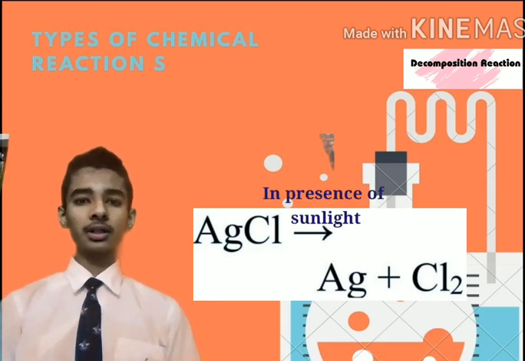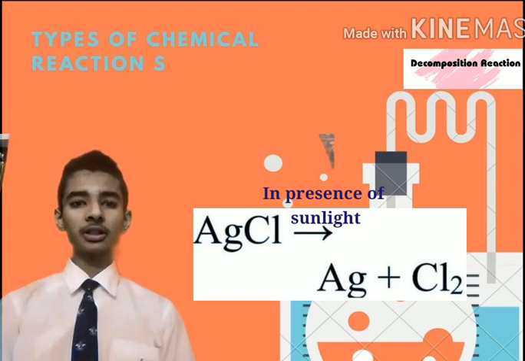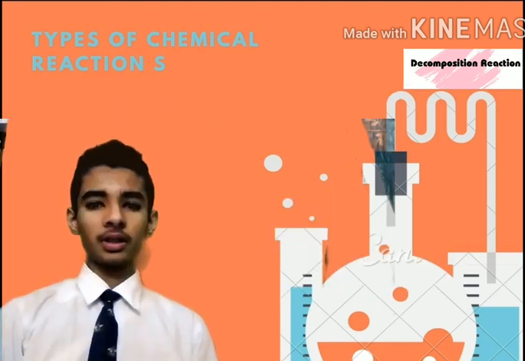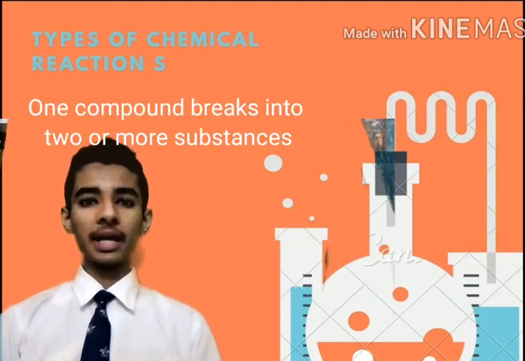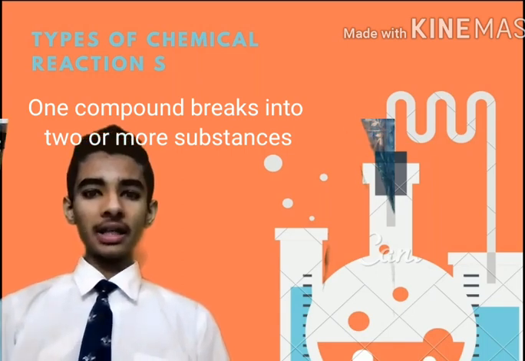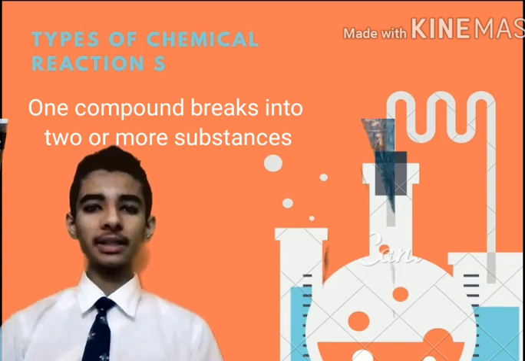When exposed to sunlight, it decomposes into silver and chlorine. This process was also used in black and white photography. The main thing to remember is that in decomposition reaction, one compound breaks into two or more simpler substances.